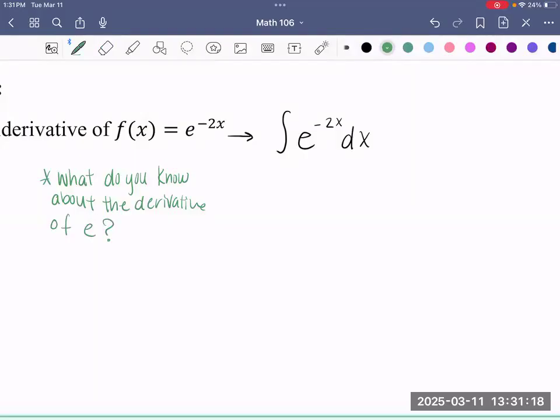Well, the derivative of e to the x is e to the x. So then how does this apply to the integral?